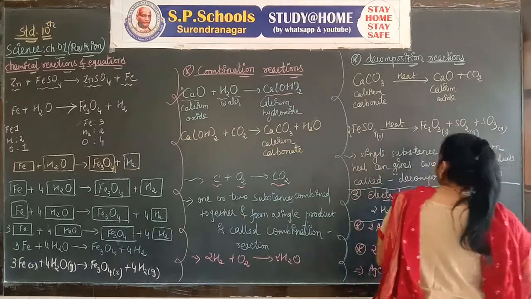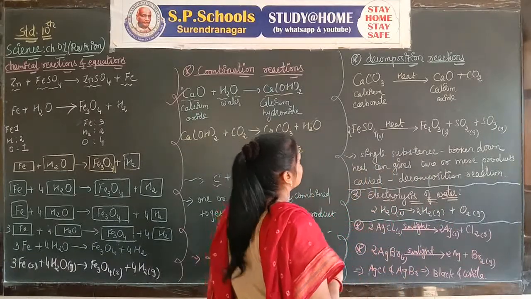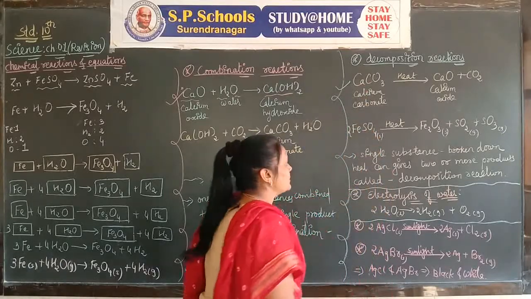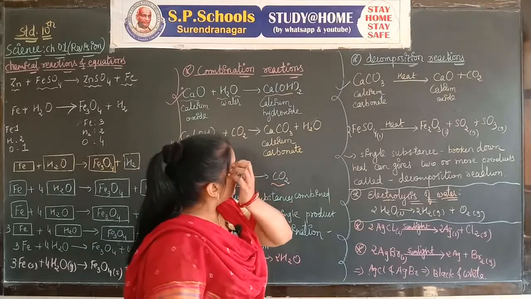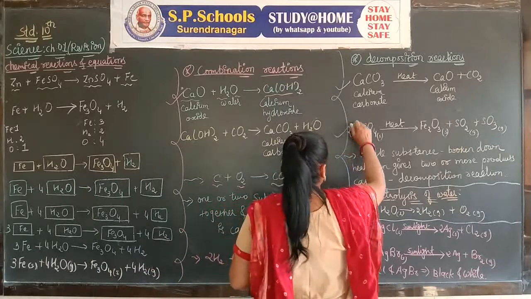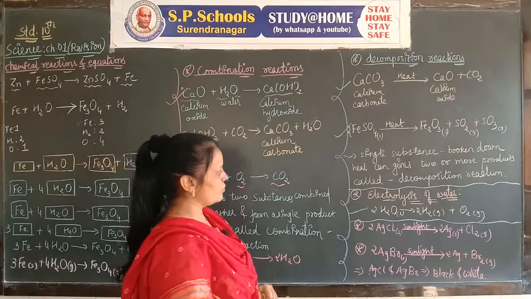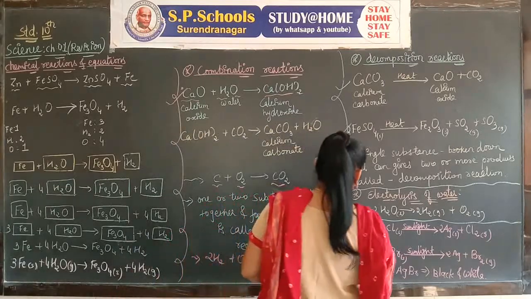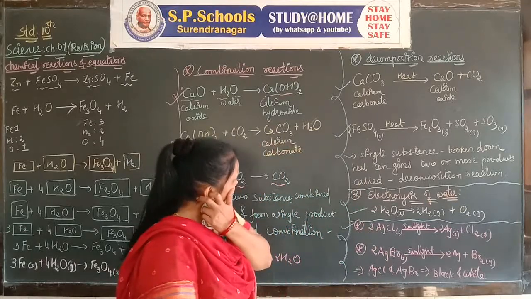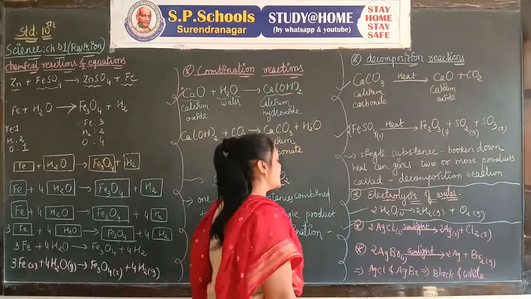So what will we see? CaCO3 gives us CaO plus CO2, 2FeSO4 gives us Fe2O3 plus SO2 plus SO3, 2H2O gives us 2H2 plus O2, 2AgCl in the presence of sunlight gives us 2Ag plus Cl2, 2AgBr in the presence of sunlight gives 2Ag plus Br2.